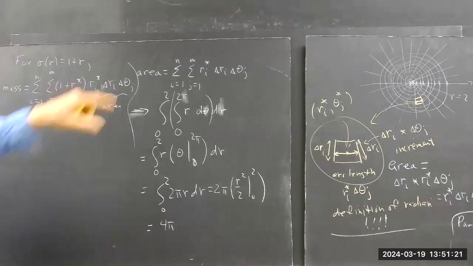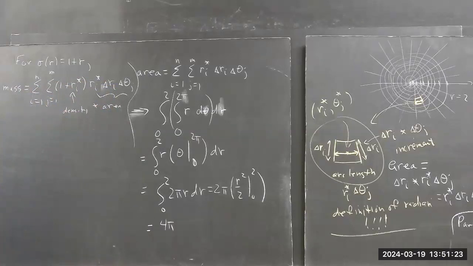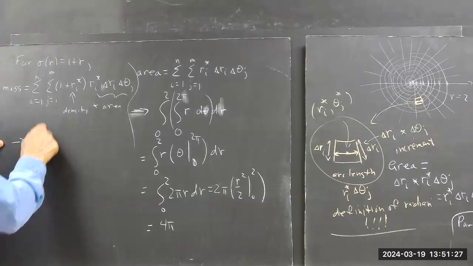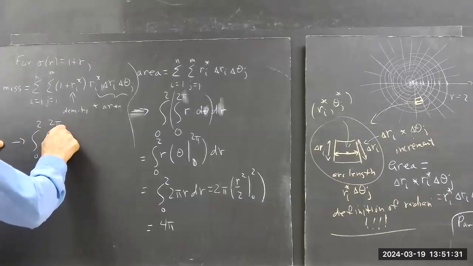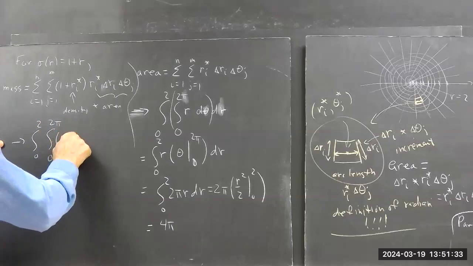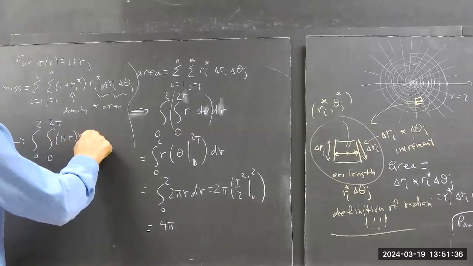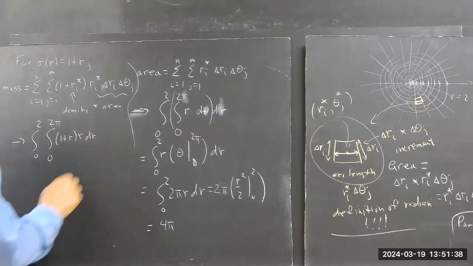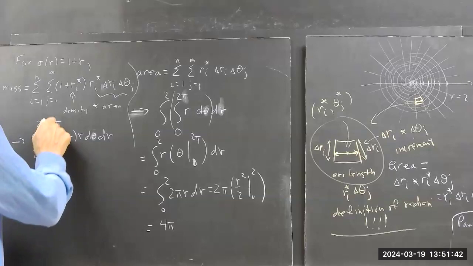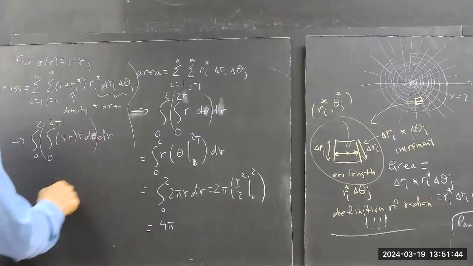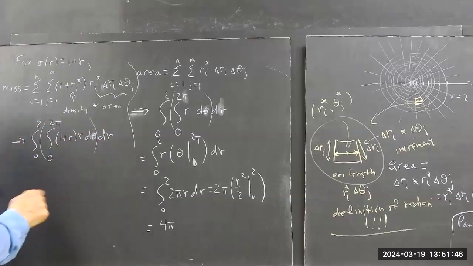Density times the area of the increment. And this approaches the integral from 0 to 2, from 0 to 2 pi of 1 plus r times r dr, r d theta dr, because I've got my theta integral on the inside.